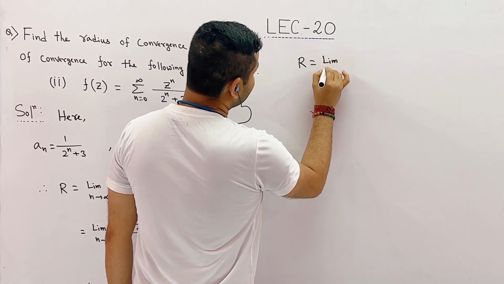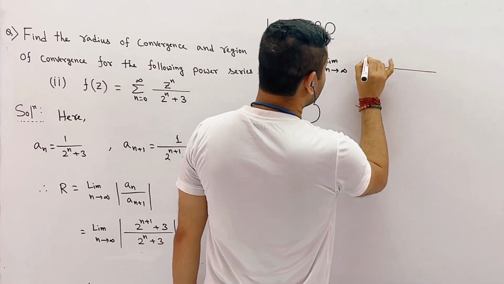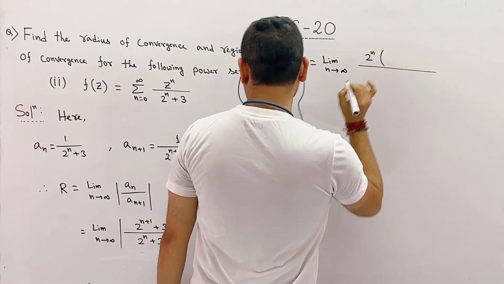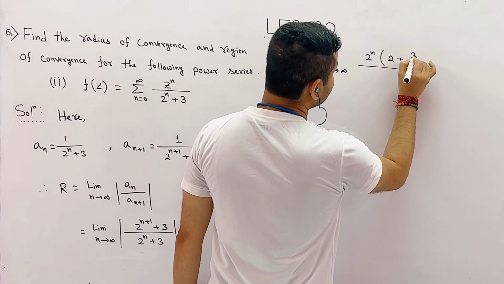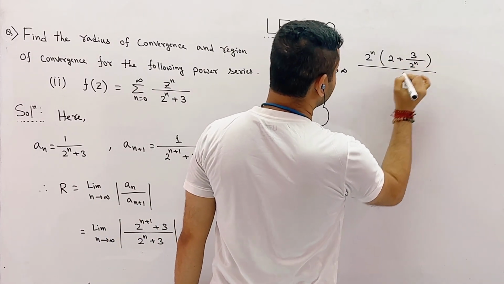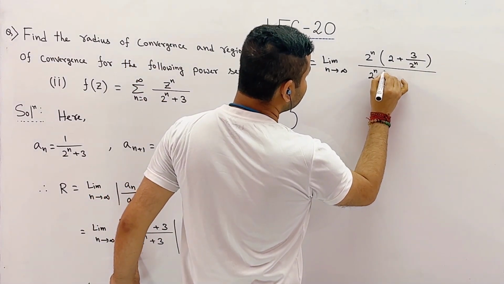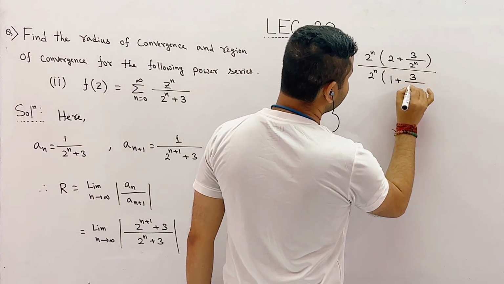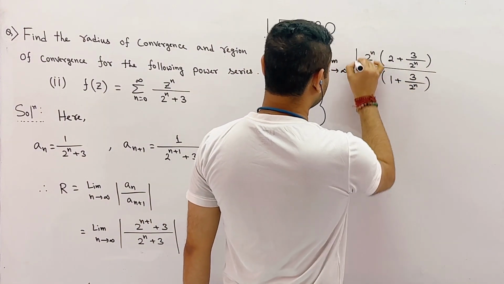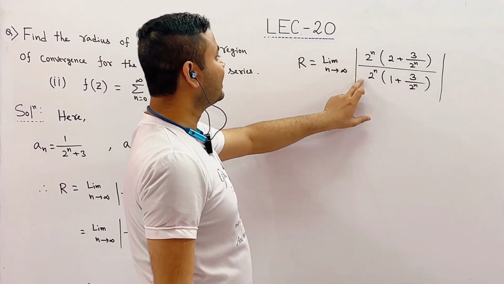limit n tends to infinity 2 to the power n into 2 plus 3 divided by 2 to the power n, divided by 2 to the power n into 1 plus 3 divided by 2 to the power n. Now, let us cancel out 2 to the power n and 2 to the power n.